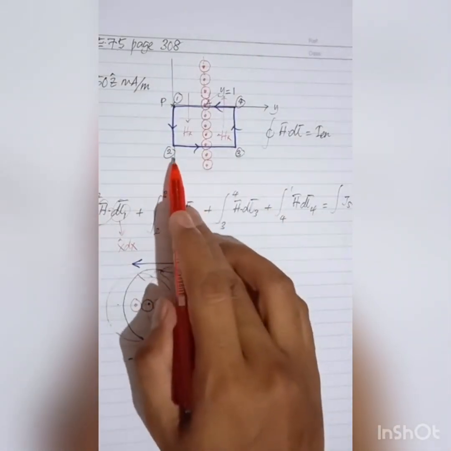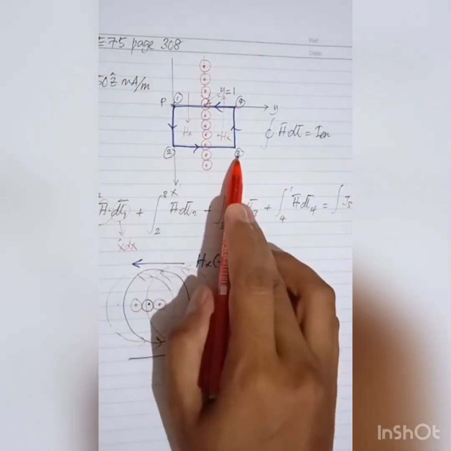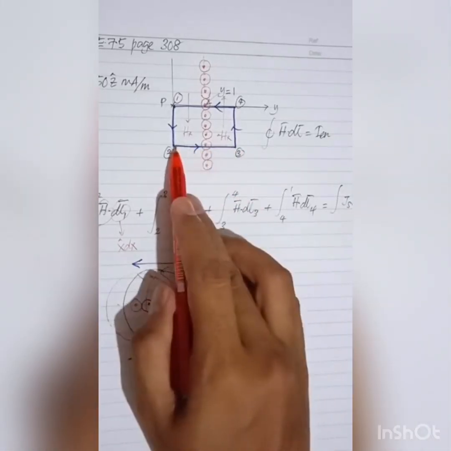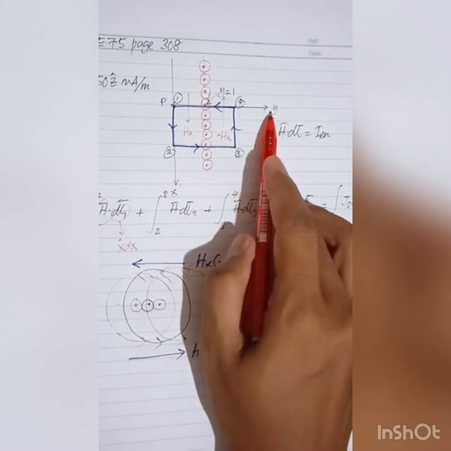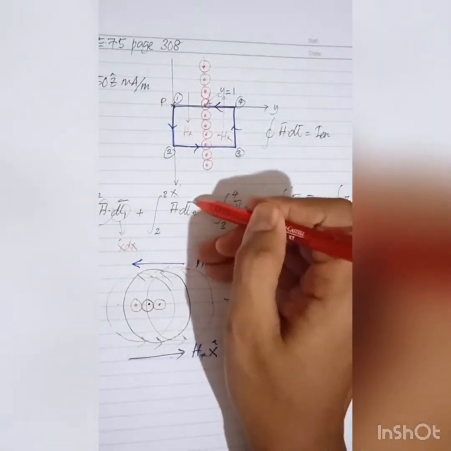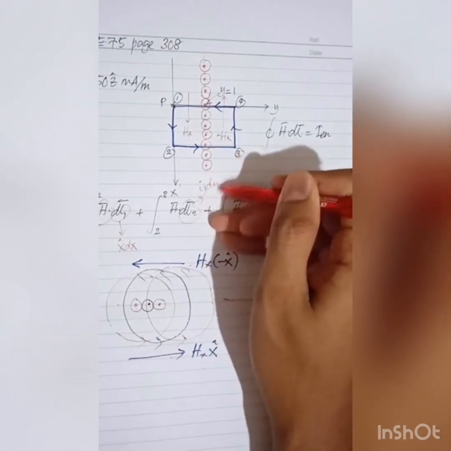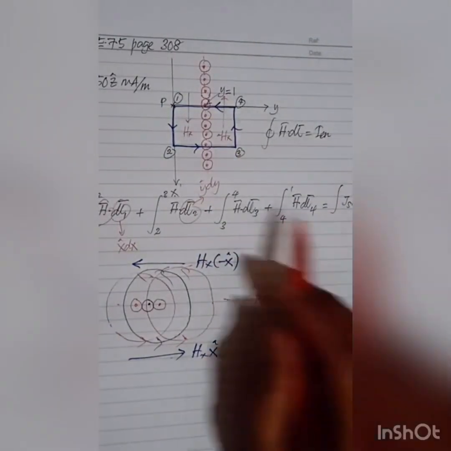The second path, from point 2 to point 3, lies along the y-axis. So just change this dl number 2 to become y dy. Agree? So how about the H?